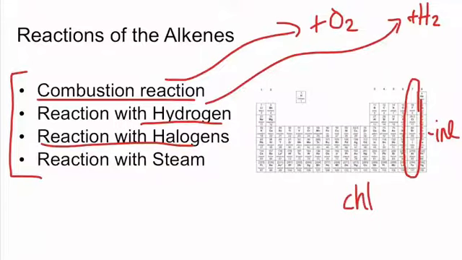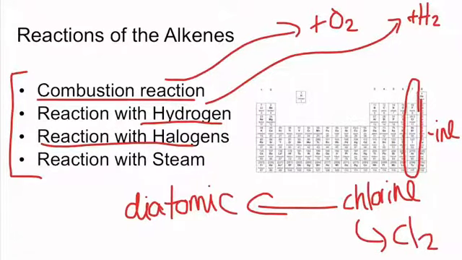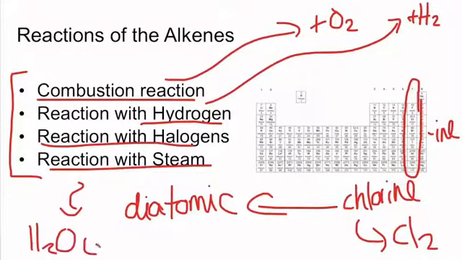Common example is chlorine. It's important to know that these group 7 elements are diatomic. What this means is that they exist naturally in pairs, so for example chlorine will be Cl2. And finally we have a reaction with steam, which is just water in a gas form.